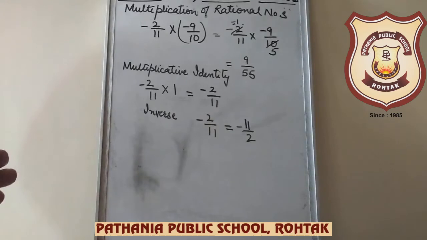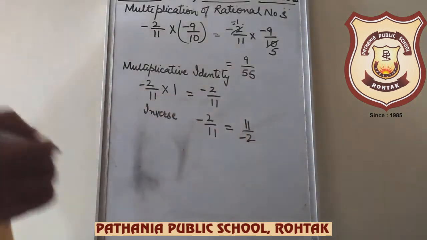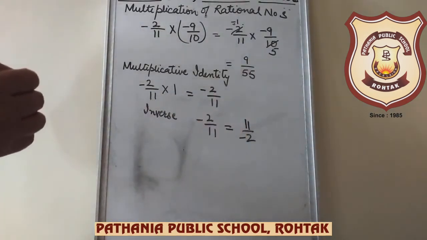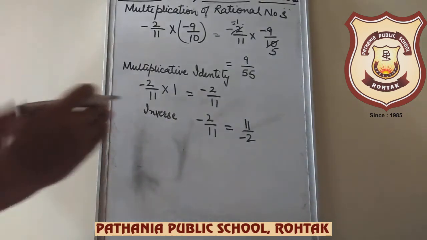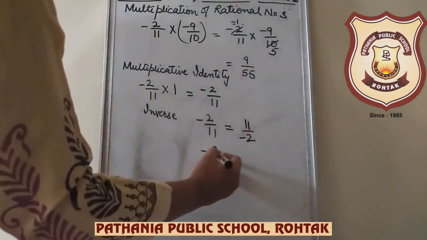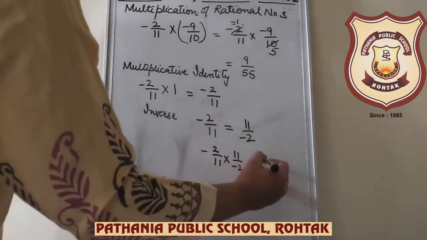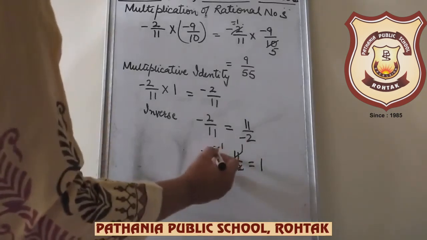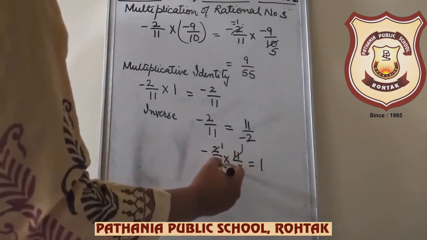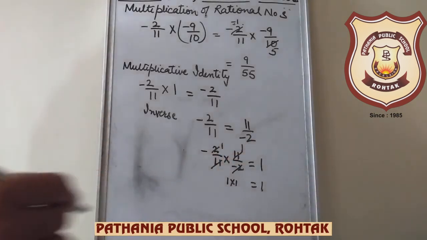Okay. When you have to write the multiplicative inverse, it is just the reciprocal, or you can write this as 11 upon minus 2. So 11 upon minus 2 is the multiplicative inverse, because when we multiply the number minus 2 upon 11 by 11 upon minus 2, the answer should be 1. 1, 2 ones are 2 and 11 ones are 11, and 1 multiplied by 1 is equal to 1.